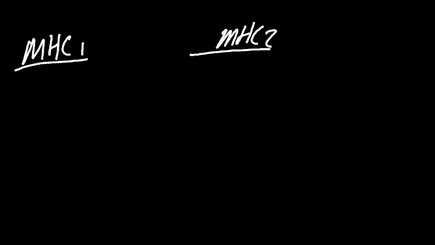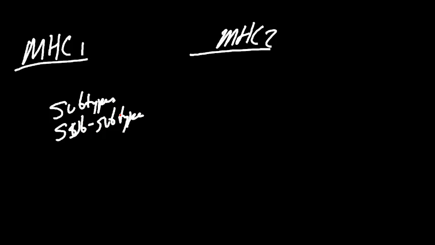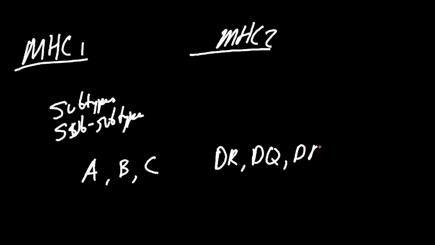So what are we going to deal with? Well, there's different subtypes of each one. We can further subtype. So we've got types, then we've got subtypes, and then we can also have subtypes if we want to go even further. So what we're going to have is A, B, C. There's also DR, DQ, and DP.